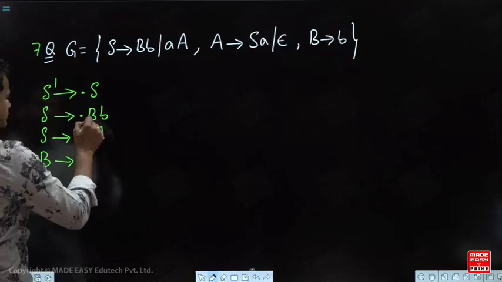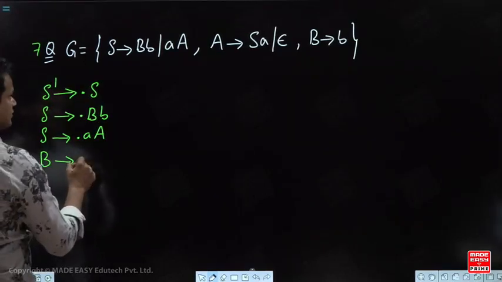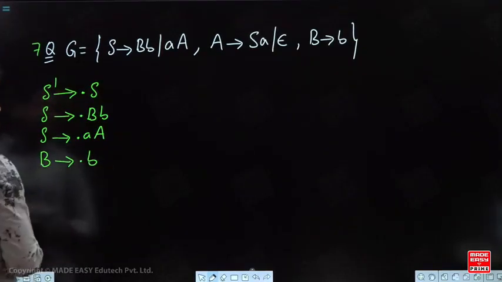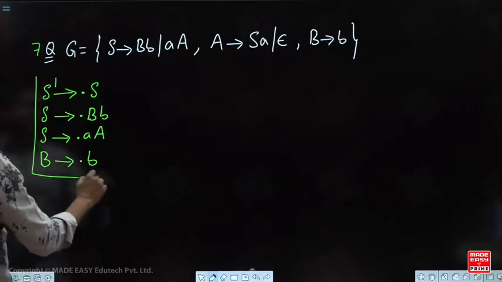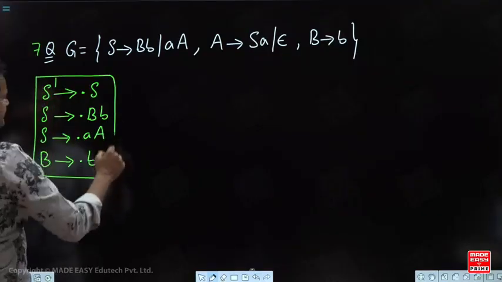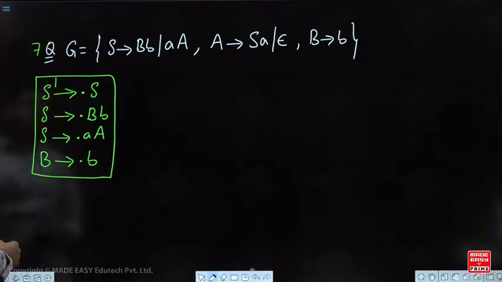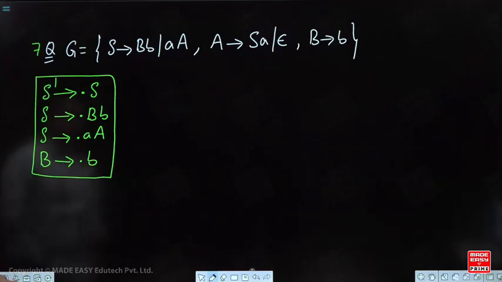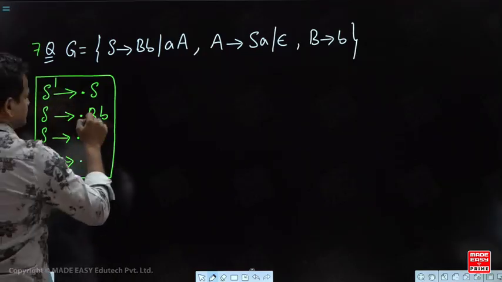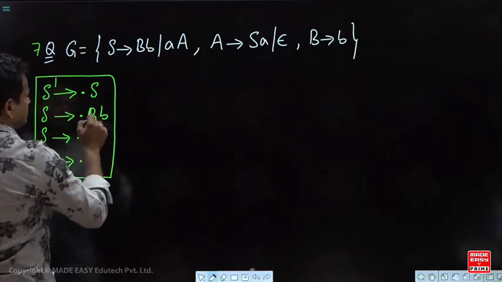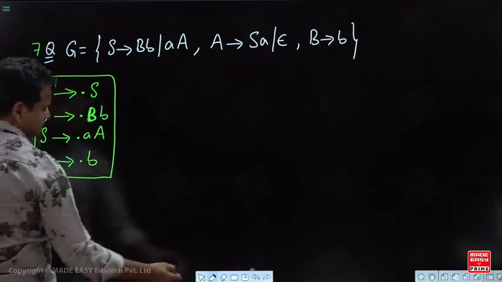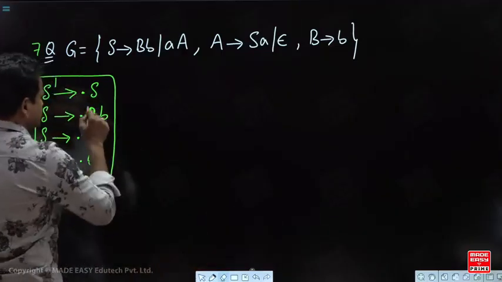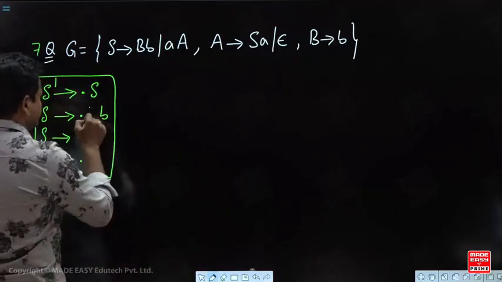Dot after B. So add B's productions. B has only one production. That's it. Don't add A's productions here because A is nowhere as a shift symbol. So you should not add A's productions in this state.